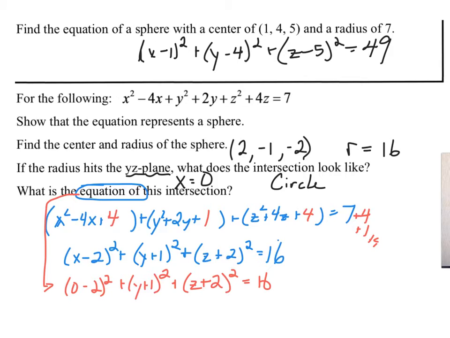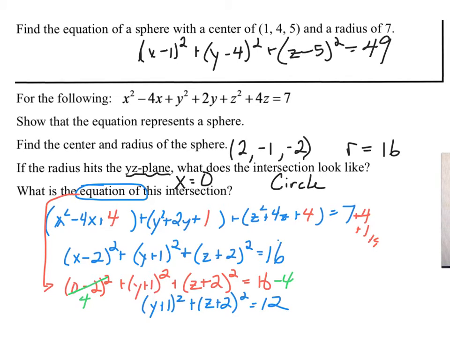So we'd say, okay, this -2 squared is 4. So let me subtract 4 over here. So my final equation will be y plus 1 squared plus z plus 2 squared equals 12.